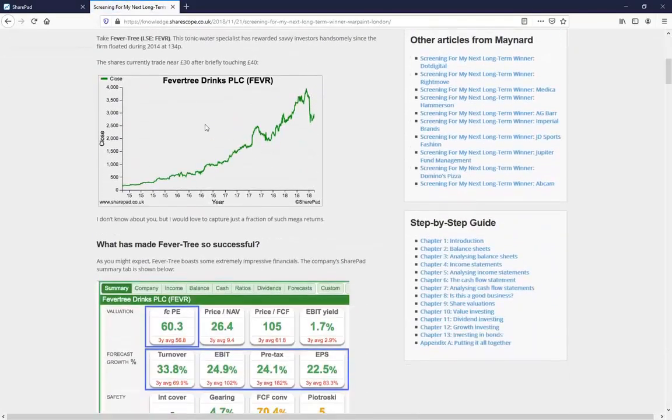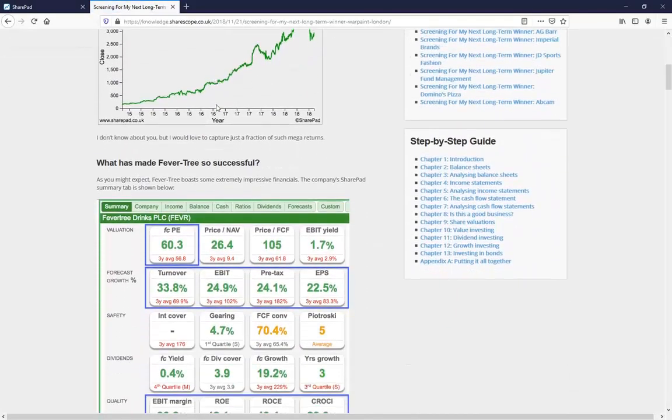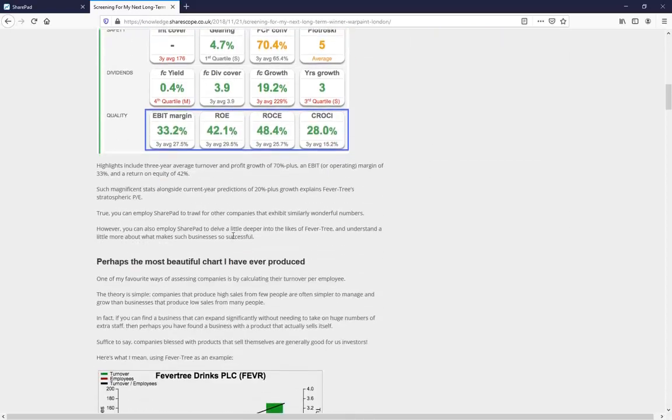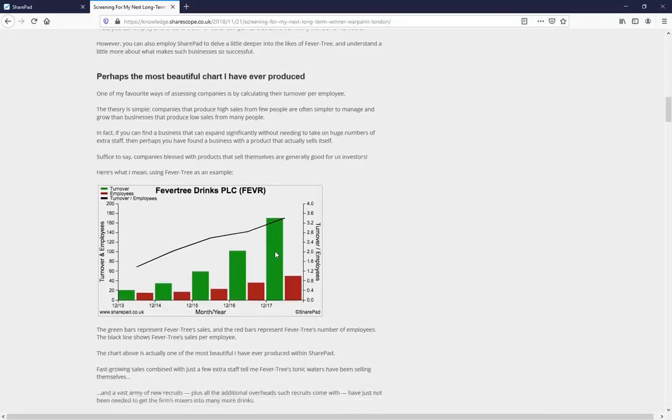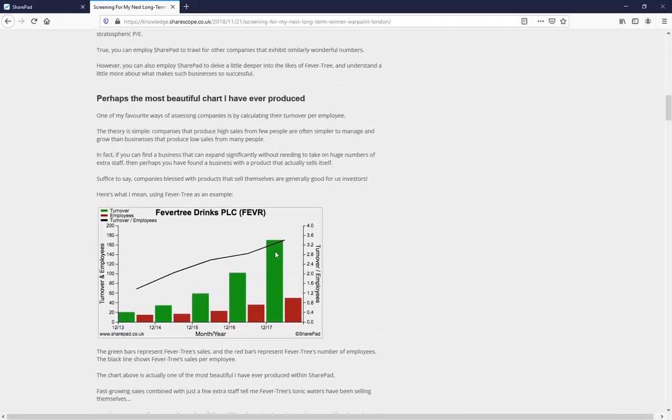You could filter Fever Tree on ROE, but it was this turnover per employee where every employee at Fever Tree effectively generated £3 million each, which is huge. So searching for that is one idea, which is a different ratio from the traditional low PE, high yield type of filtering. So it's a bit of both, Andrew.